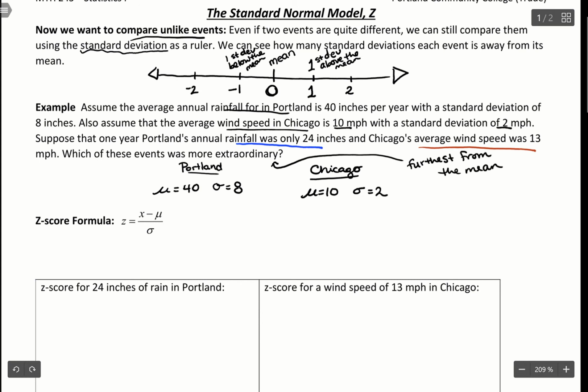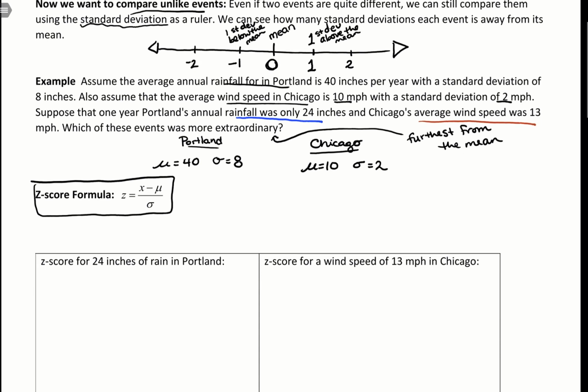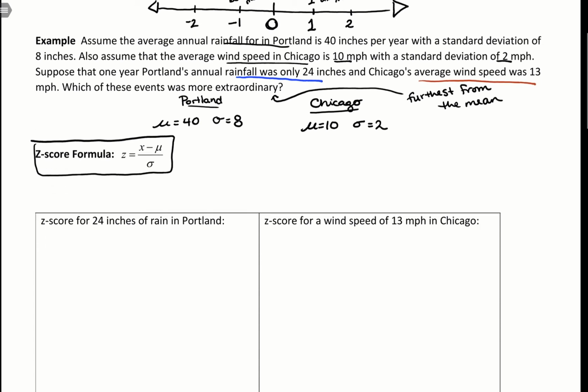So what we can do is, we know where the mean's landing exactly. What we need to do is put in terms of how many standard deviations away. So to do this, we use this formula. This gives us the measurement in terms of standard deviations. So like with Portland rainfall, we have this average of 40, standard deviation of 8, and we saw this value of 24, and we want to compare that to our mean and standard deviation.